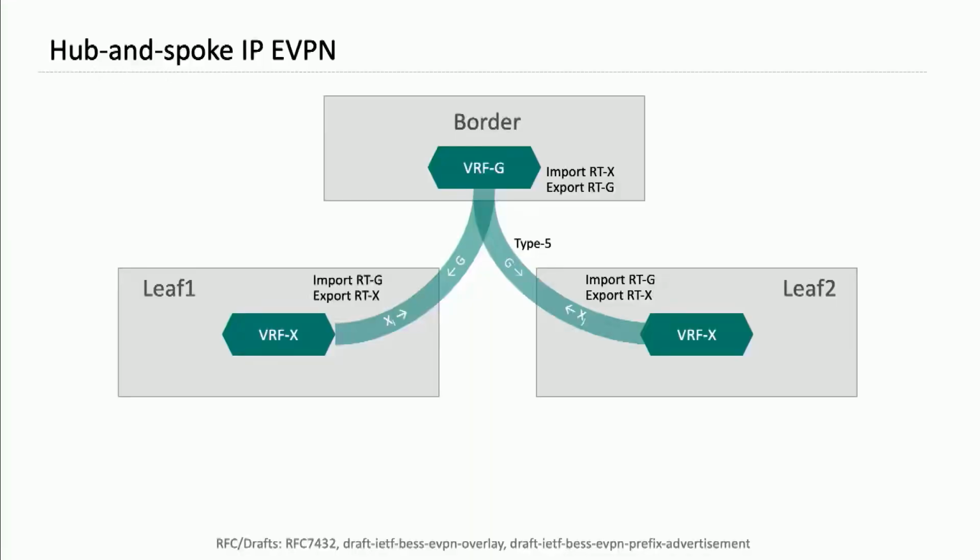Now, you might say, hey, if VRFG advertises down a default route, you can actually forward from VRFX to VRFX, on leaf 1 to leaf 2. That is possible. So if you don't want that behavior, you can implement a routing table policy to prevent it, or there are other ways of doing that as well.